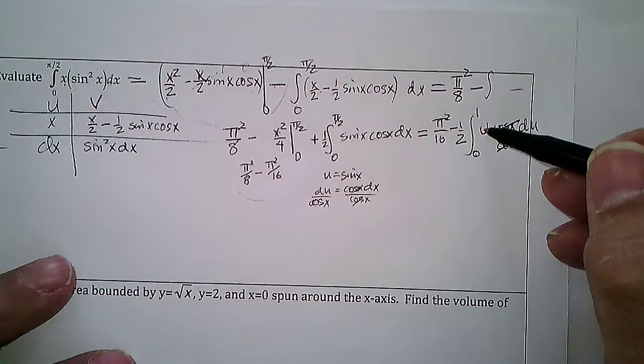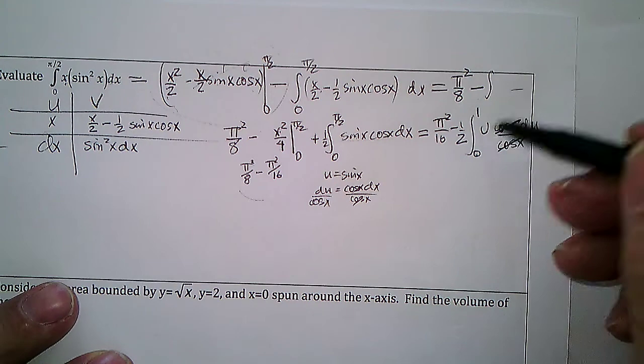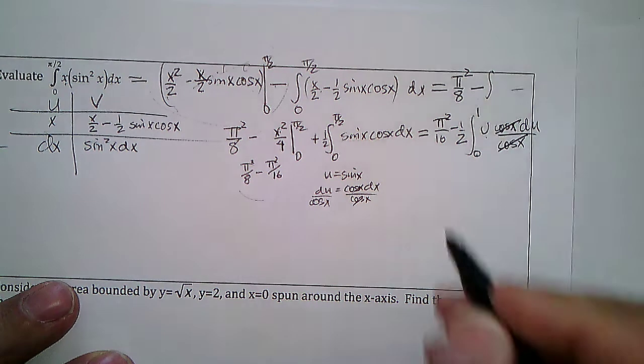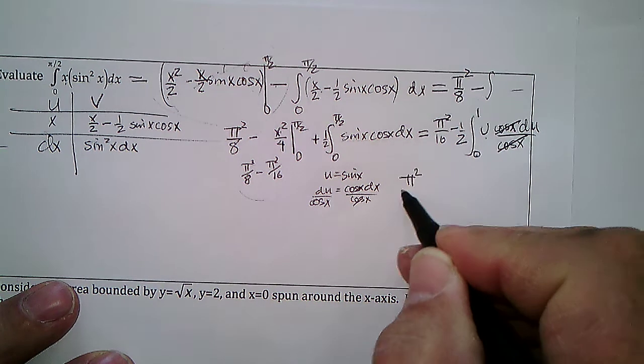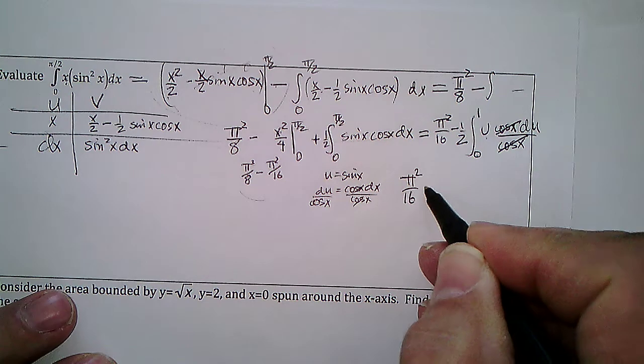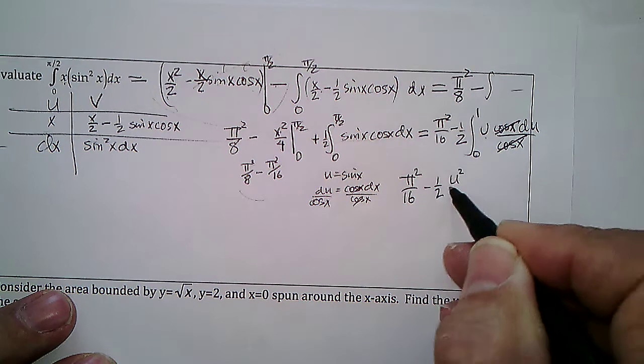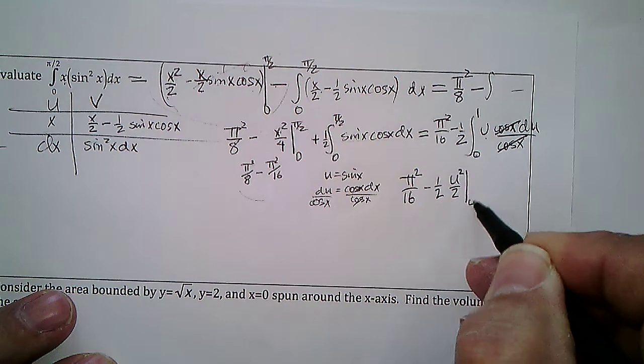So integrating u, I get u squared over 2. So we got pi squared over 16 minus 1/2 of u squared over 2, evaluated from 0 to 1.